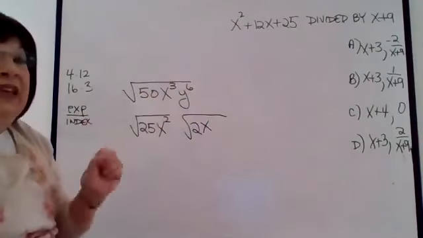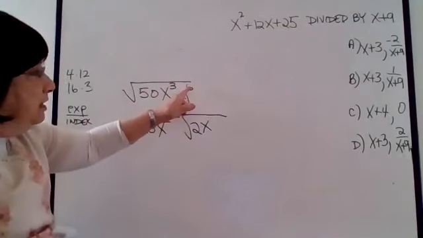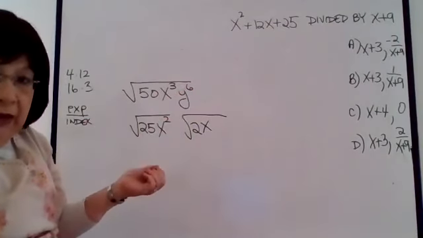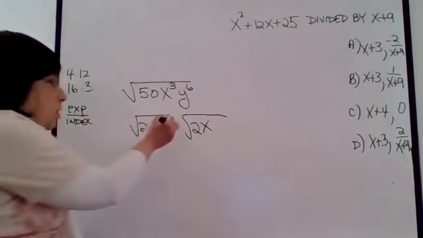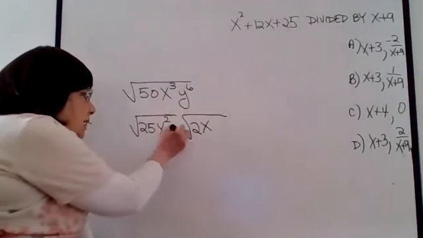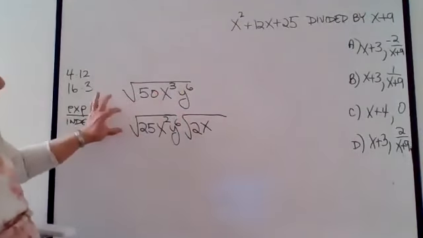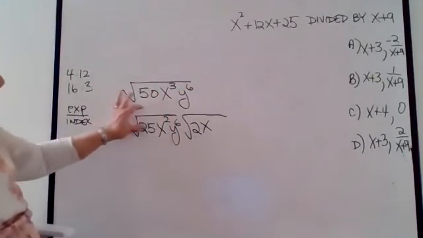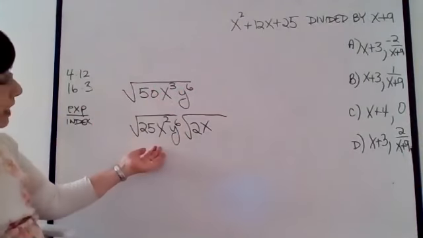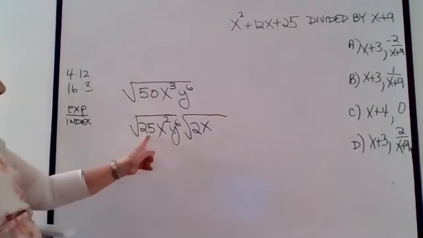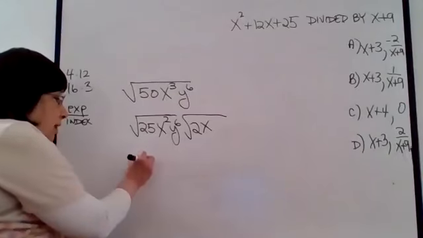Now, y to the 6th is a perfect square because 6 is divisible by 2, so I don't have to separate it. I'm going to put that all into the first radical. This first radical is then a perfect square, and I can take the square root. The square root of 25 is 5.